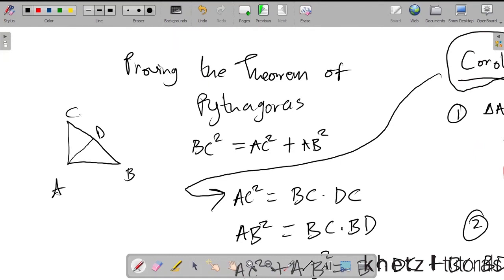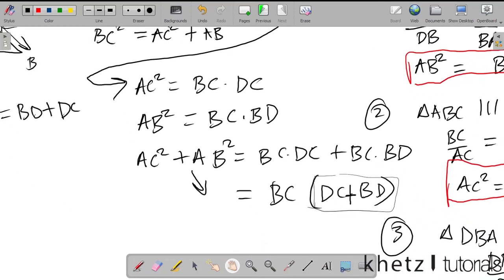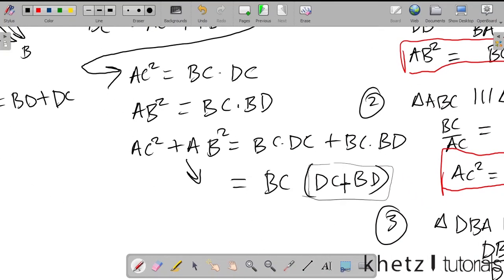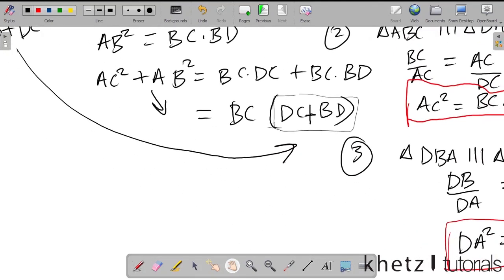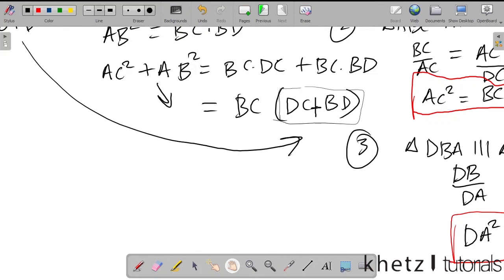DC, which is the same as CD. We have DC plus BD, which is ultimately equal to BC, since BC is equal to the sum of BD plus DC. And that is what we have in the bracket over here. We have established that the sum of that is equal to BC, which means this bracket is the same as just having BC.